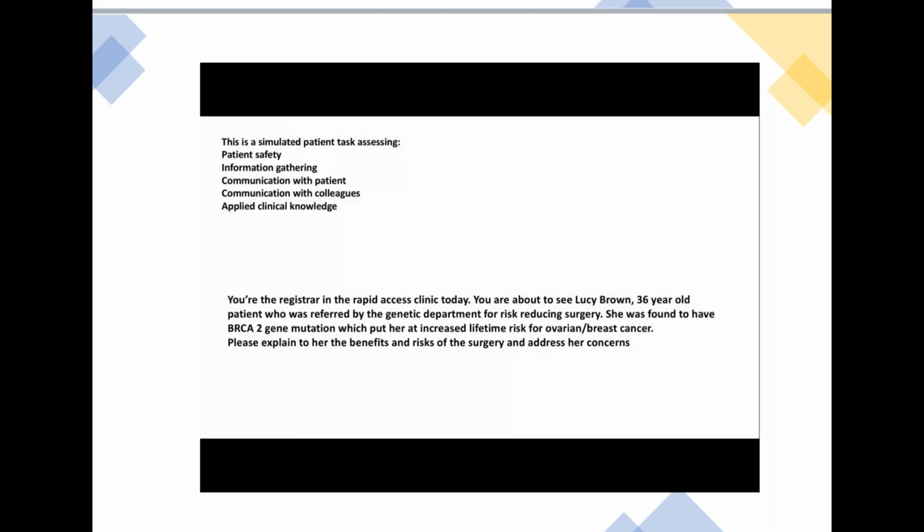Some patients will be okay with that. They will be happy and they will tell you, yeah, we can proceed with the surgery. But some of them will still be reluctant to do the surgery. They will ask for alternatives. So if she tells you, is there any alternative to this surgery? I don't like my ovaries to be removed.